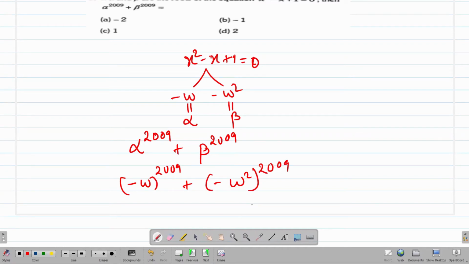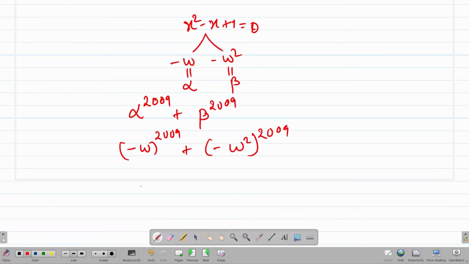If I divide this 2009 by 3, I get remainder 2. So this comes out to be minus 1 to the power, odd power is minus, and after dividing this by 3, my remainder is 2.